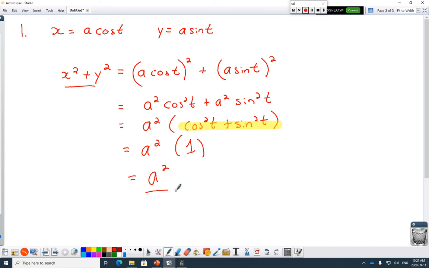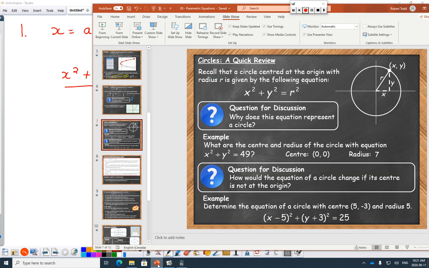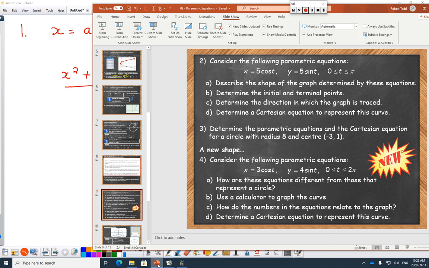That was question 1. Any questions about question 1? I forget where we were. Let me find it. 2. Consider the following parametric equations. Describe the shape of the graph determined by these equations. I'm going to do my copy and paste trick again here. I'm tired of looking back and forth. So here I go.